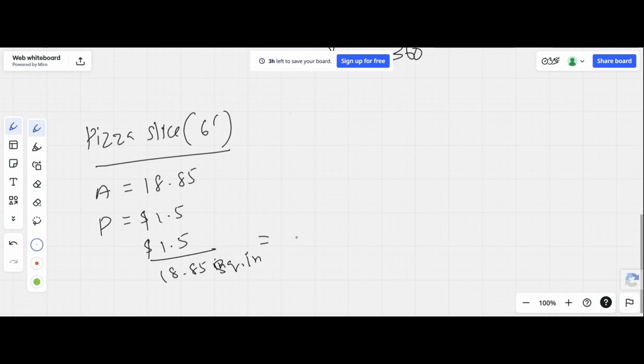It will be around 0.079 dollars per square inch. So for one square inch you have to spend 0.079.